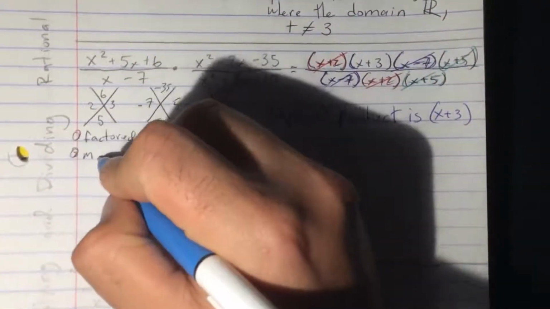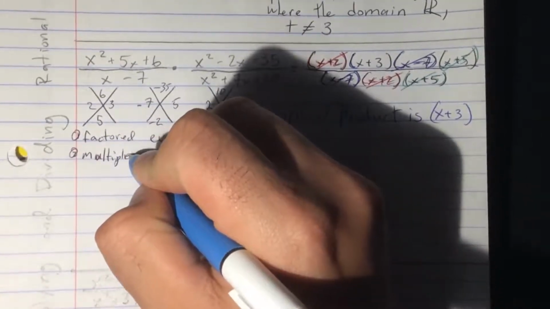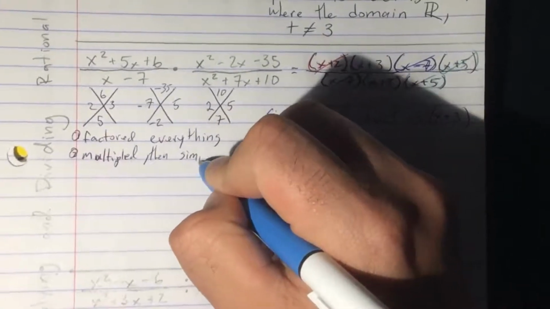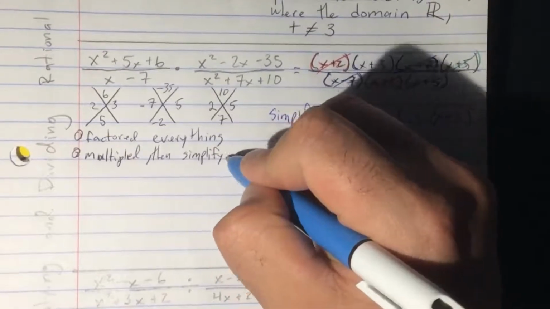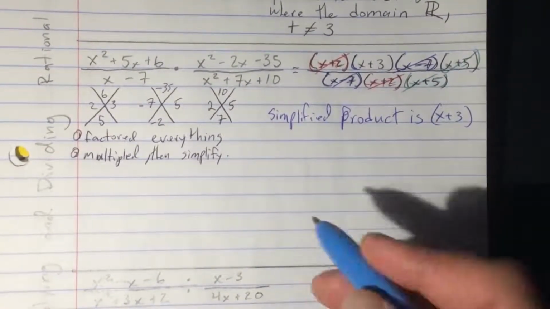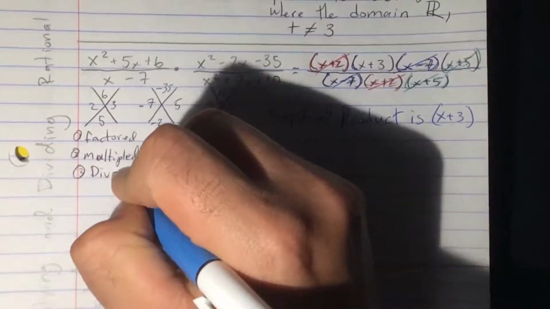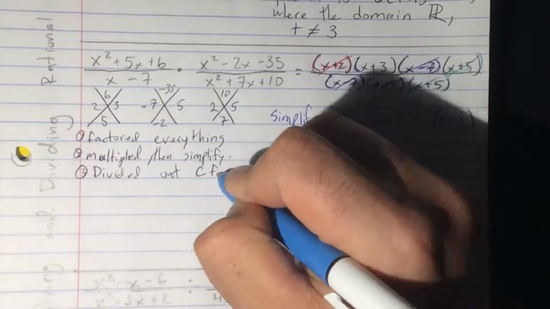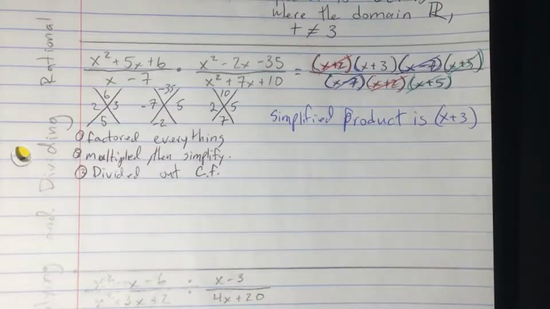Step 2, multiply, then simplify. And then we just divided out common factors. That's what we did here. All right, cool. So the last thing left to do is to find our domain.